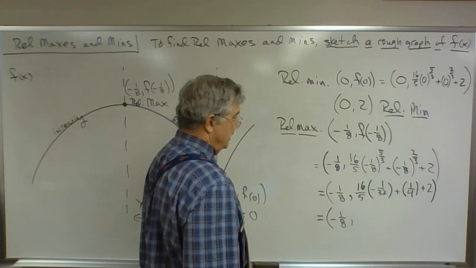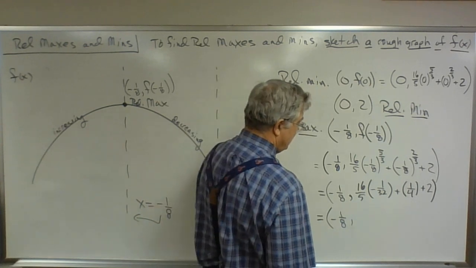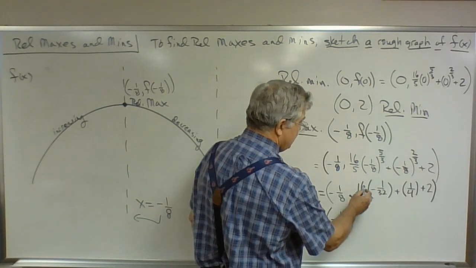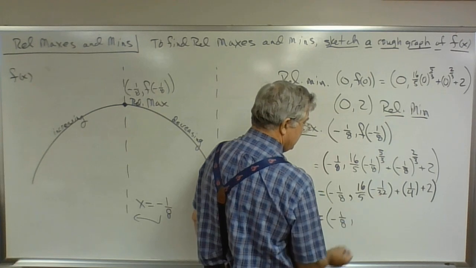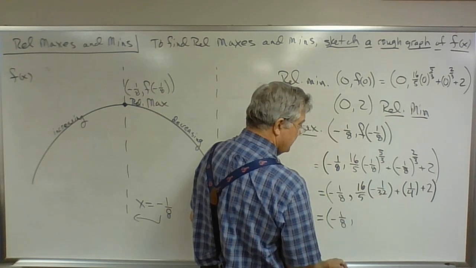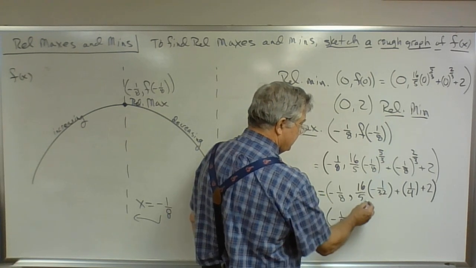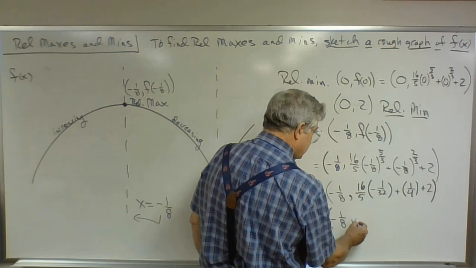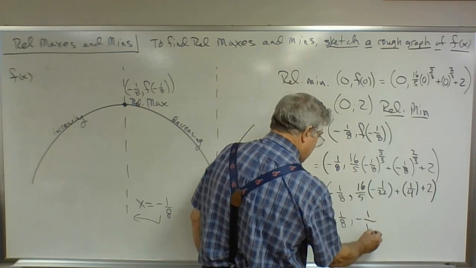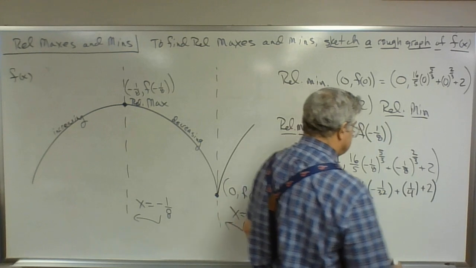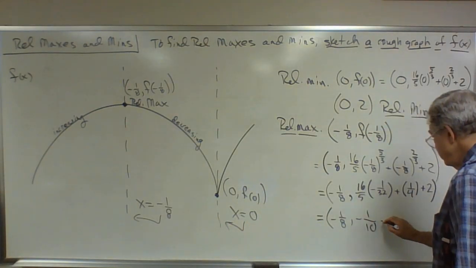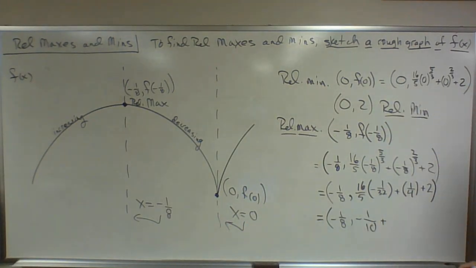Now, let's see. 16 over negative 32 is negative 1/2 times 5 is negative 1/10. Plus, let me see now.